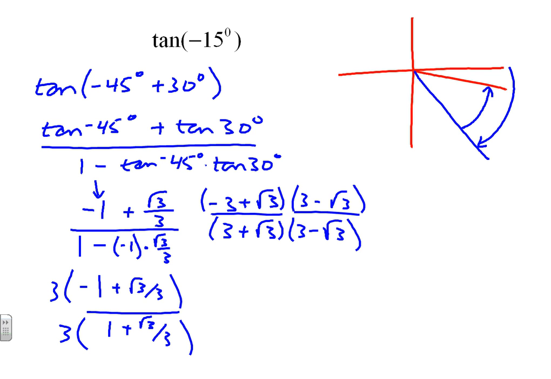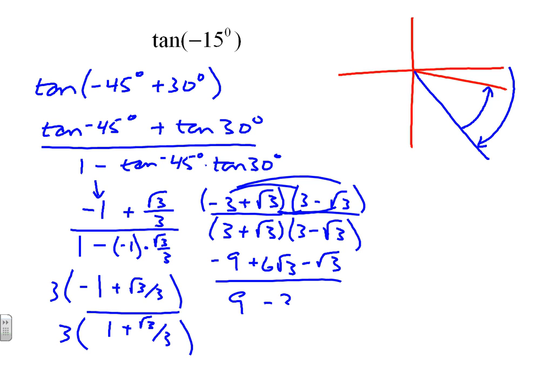In the numerator, is this correct? Yep, I get negative 9, plus root 3 and plus 3 more root 3's, plus 6 root 3's, and I end up with my last term, root 3 times negative root 3. Denominator a little bit easier, I get 9 minus 3.